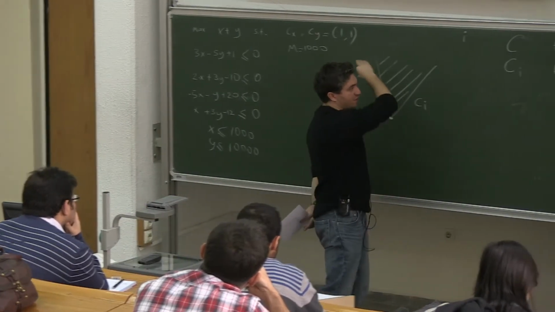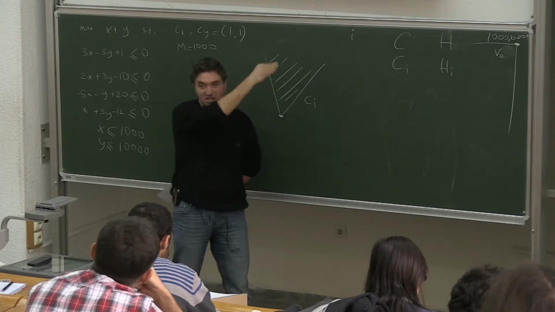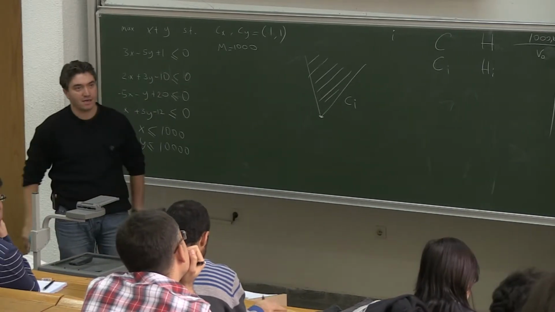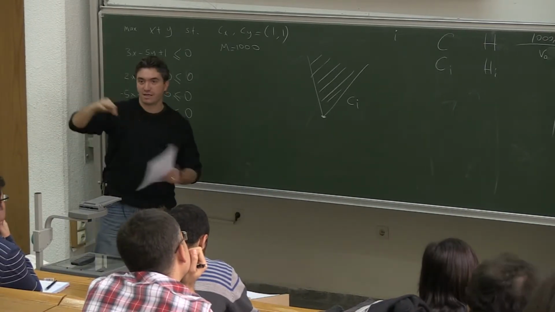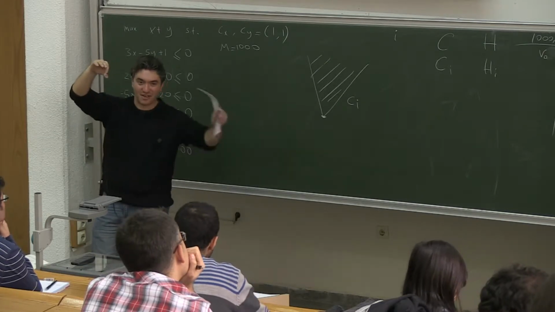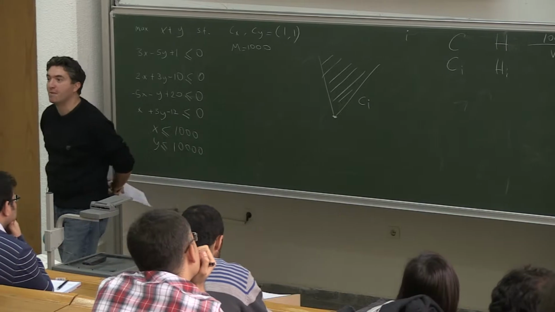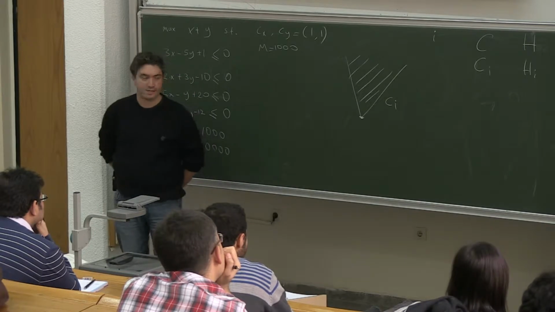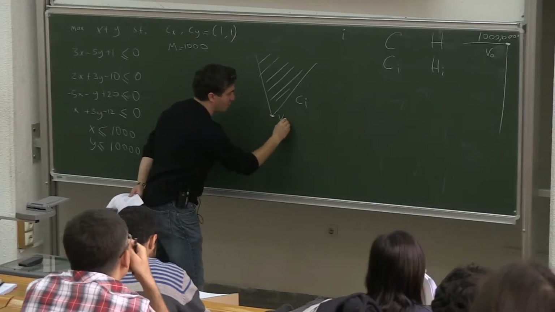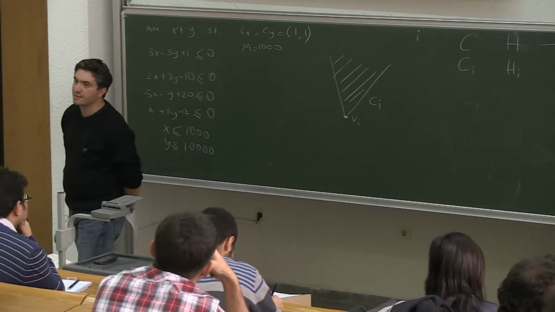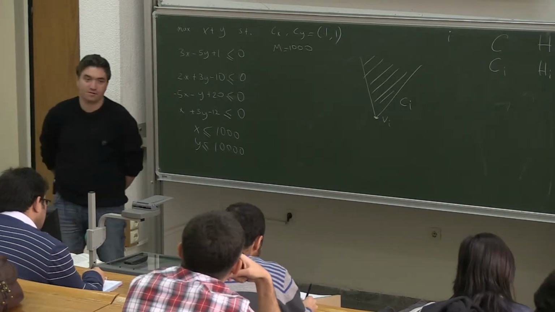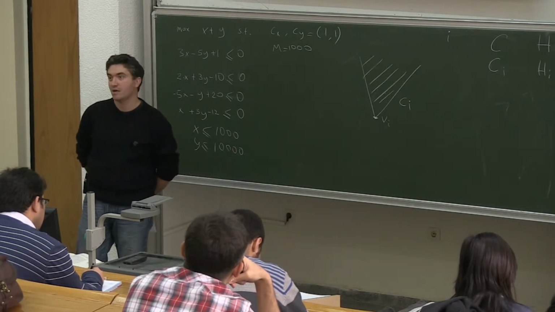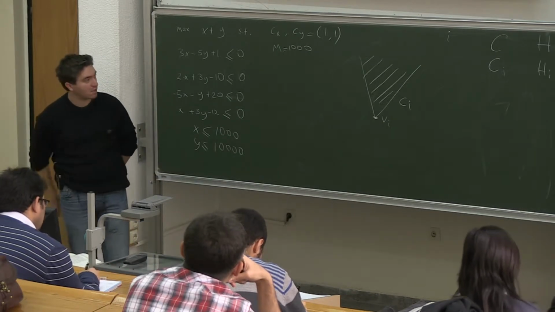Initially, C0 is this rectangular wedge, which is unbounded in one region, bounded in that direction. So initially it looks like a rectangle bounded by two lines, but two lines of this rectangle are missing, unbounded. So initially my feasible region C0 is this. Now, Vi is going to denote the vertex at iteration I, the current vertex I have found, which maximizes the objective function and satisfies all the constraints up to the ith half plane.